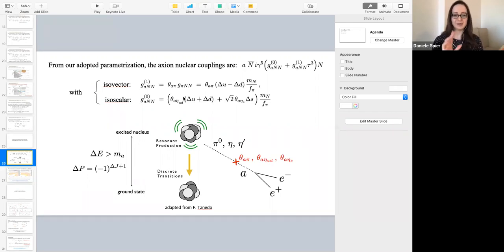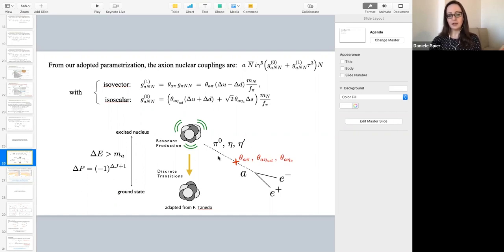But the point is now, if the axion couples isovectorally and isoscalarly to nucleons, then it can be emitted in nuclear transitions precisely because of this mixing with the pi naught, the eta and the eta prime. Yes, if these transitions have an energy split that is greater than the axion mass, of course, if you want to emit the axion on shell.